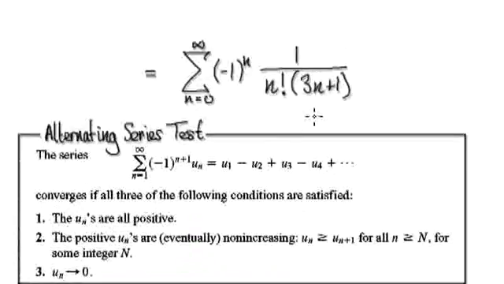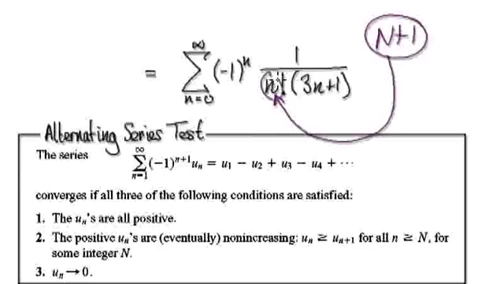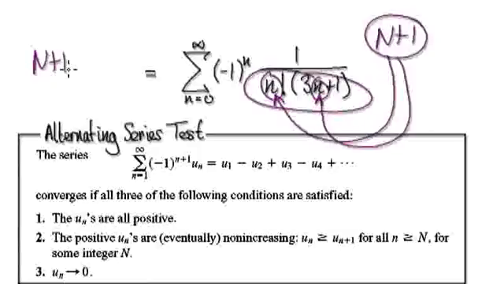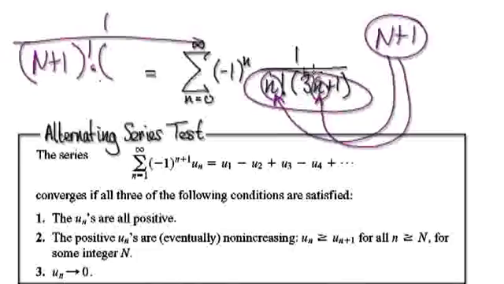So going back to here, the next term will be n plus 1. We've got to put this into here, and then put this into here. So the denominator will be n plus 1 factorial, and then it will be 3n plus 3, and then you've got plus 1 here, so it would be 3n plus 4.